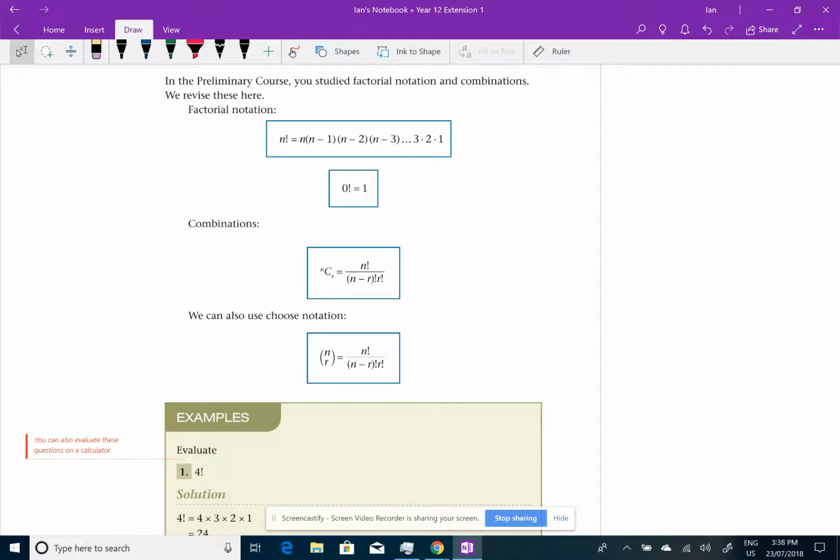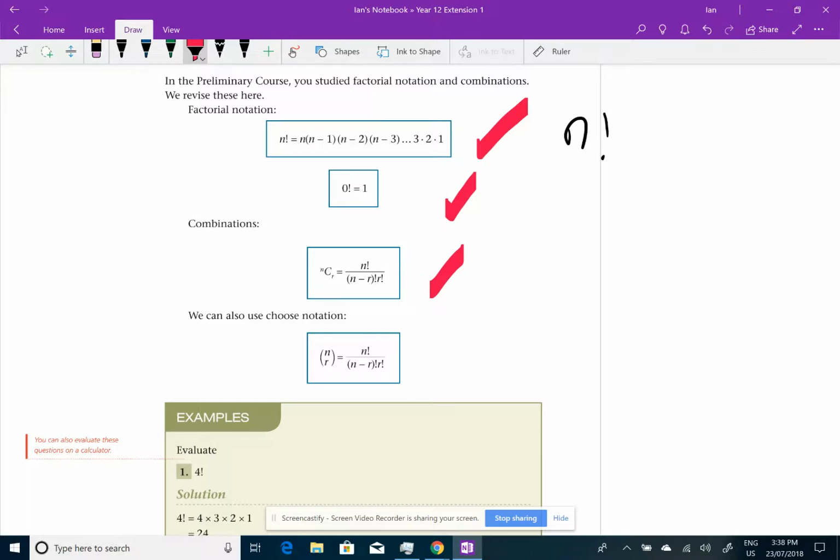So the first thing you need to know, particularly if you're away, is what n factorial is. You need to know 0 factorial equals 1, and there's a very good explanation of that on the website. You need to know that, which is the definition for a combination.